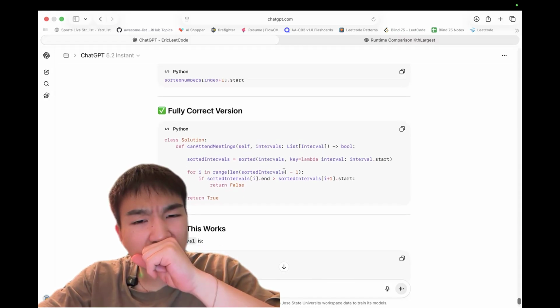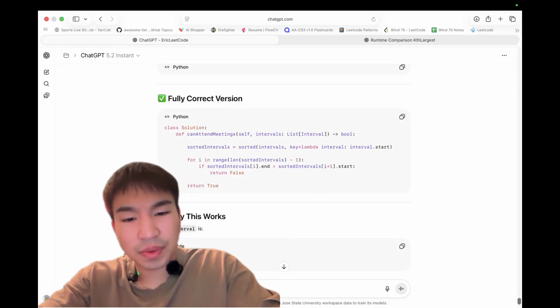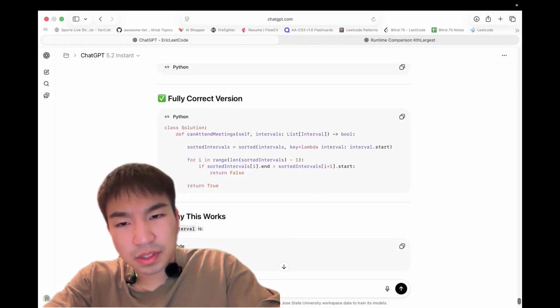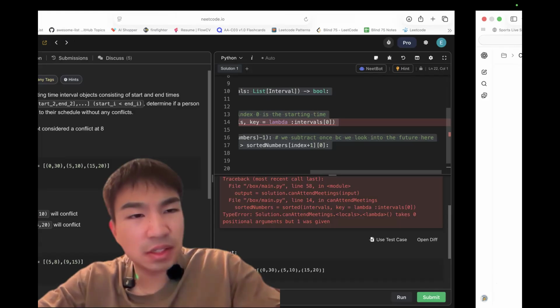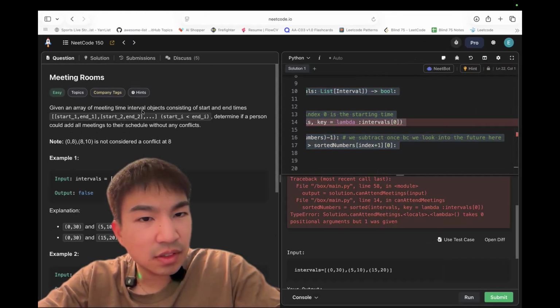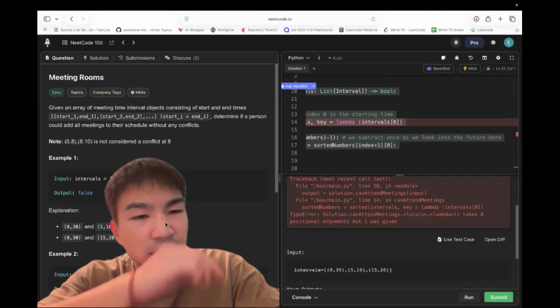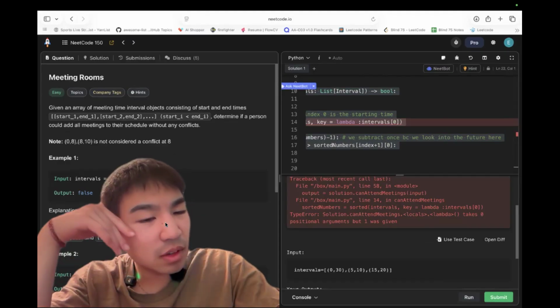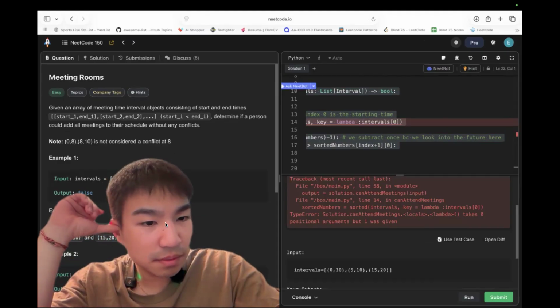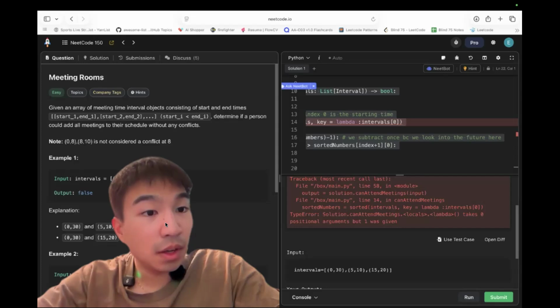Sorted intervals? What is this start? What is intervals? Oh, these are tuples? Oh, tuples.